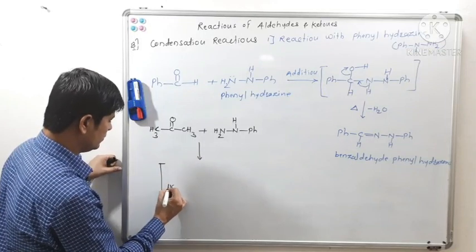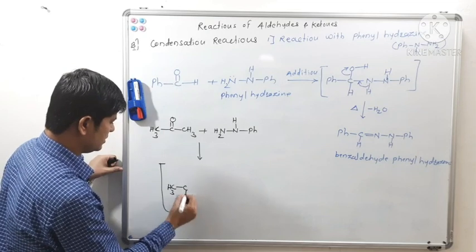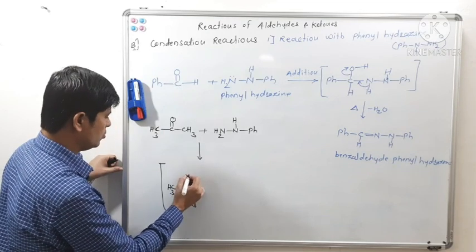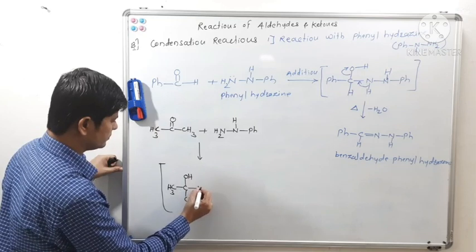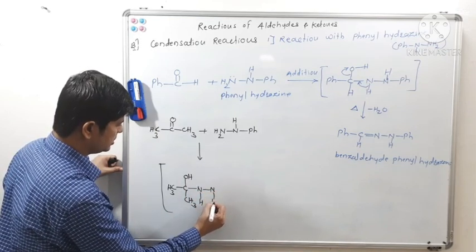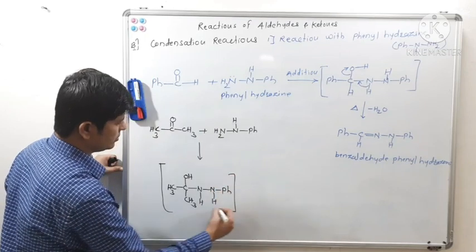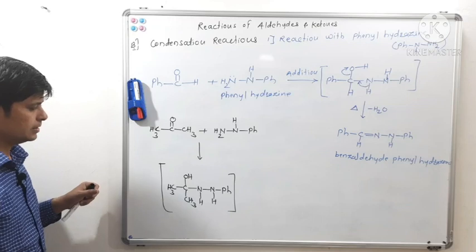So you will get CH3, OH, NH, Ph. This adduct you will get in the first step.